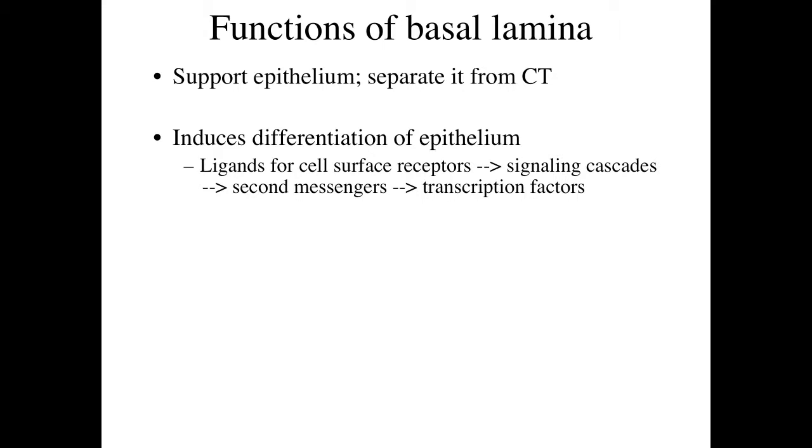These receptors, when they bind their ligand, can initiate signaling cascades, which, as you might imagine from your studies in biochemistry, can establish second messenger functions and can turn on transcription factors to affect gene expression. Basal lamina can influence metabolic activities of the epithelium.